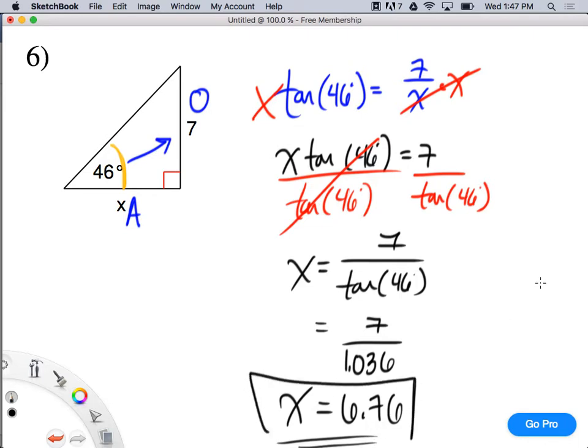There you go. That's your final answer. Okay, when x is on the bottom, that's what you have to do. Any questions on this? Okay, we're almost done.